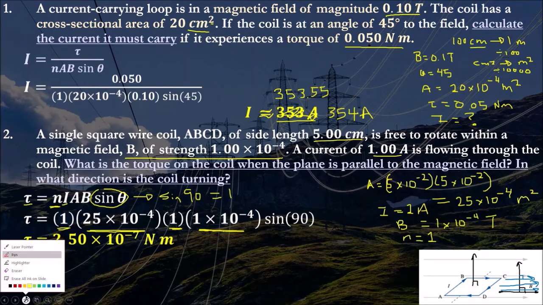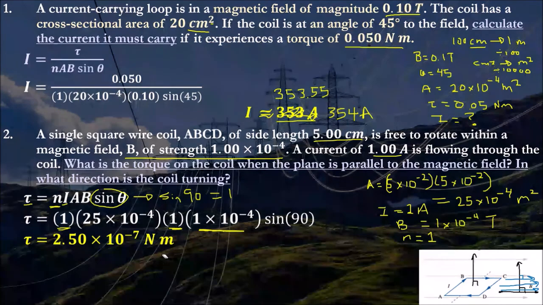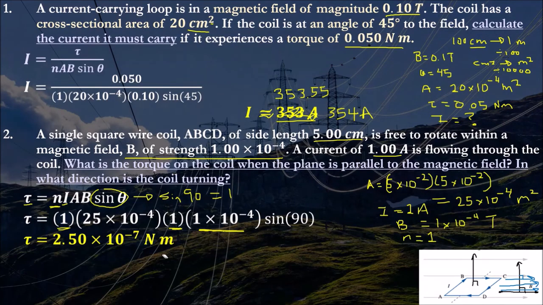So you should get 2.5 times 10 to the minus 7 Newton meters. I can check myself here to make sure that's the correct calculation given by my calculator. Okay, so I have 1, 2, 3, 4, 5, 6, 7, minus 7.